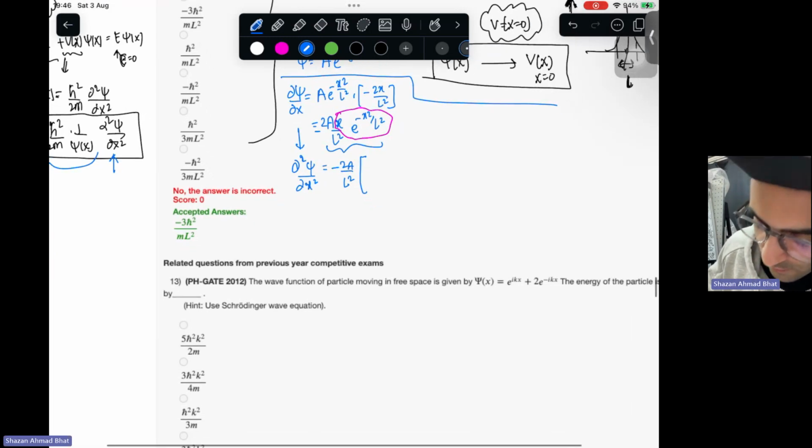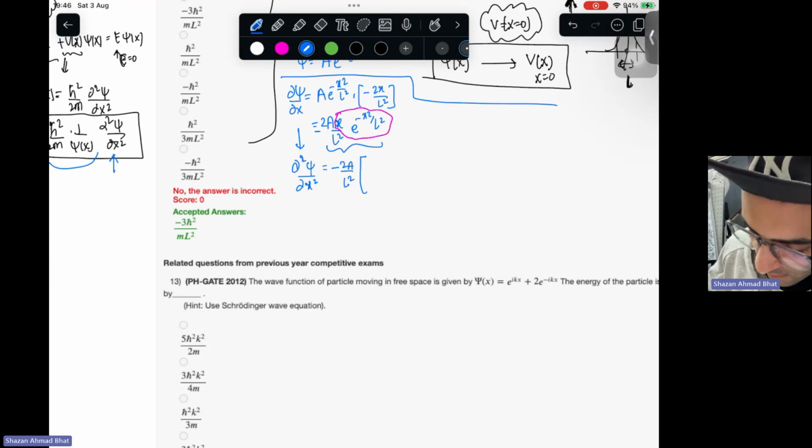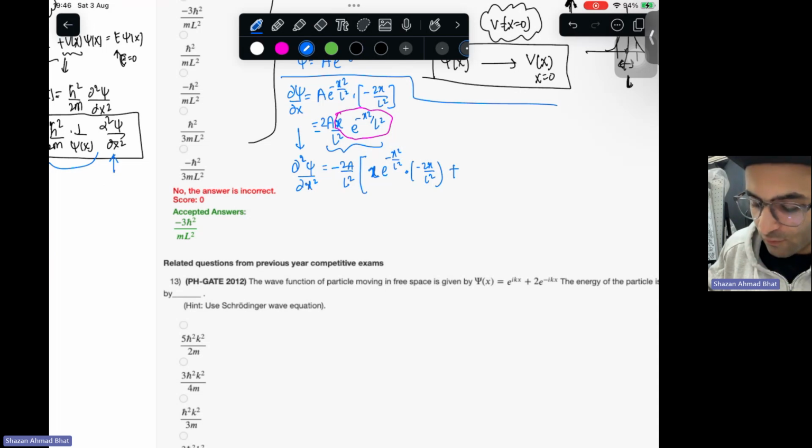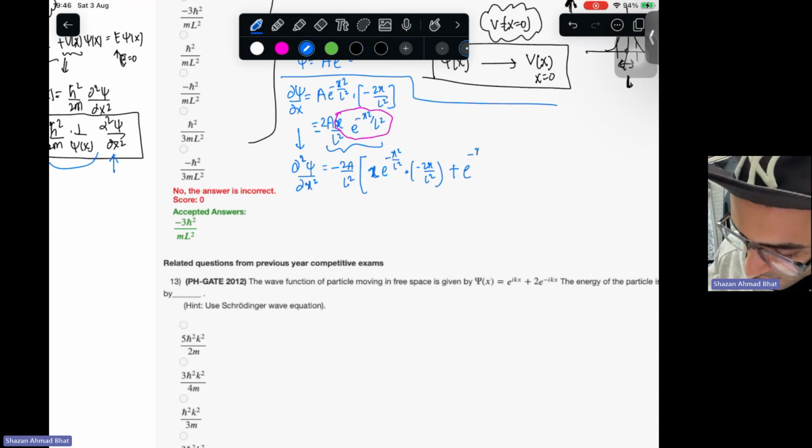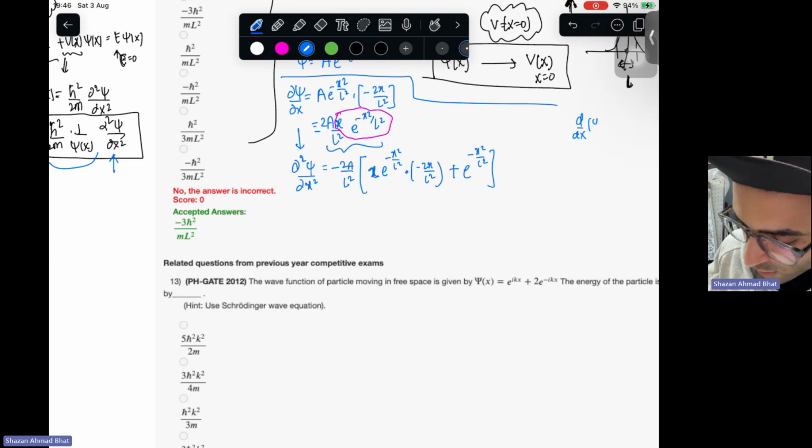Differentiating the e^(−x²/L²) term, keeping x as such, gives e^(−x²/L²) times (−2x/L²), plus, differentiating x with respect to x, we get 1 and we get this term back, e^(−x²/L²). This is just d/dx of u·v, which is u dv/dx plus v du/dx, just the product rule.